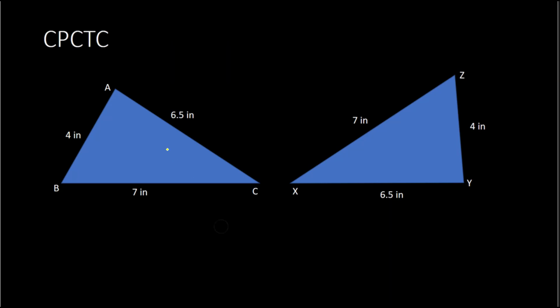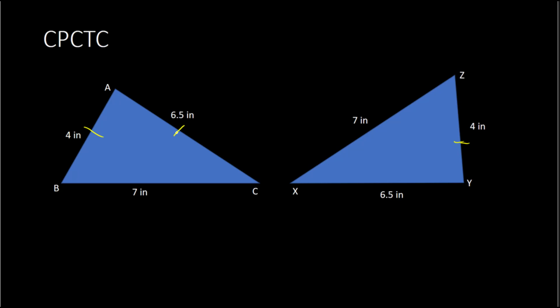Now, using the same picture, what we want to do is not only show which vertices are paired up, but also show which side lengths are paired up and which angles are paired up. So here, the side lengths are pretty easy because we can tell by the lengths which sides go together. This 4-inch side goes with this 4-inch side.